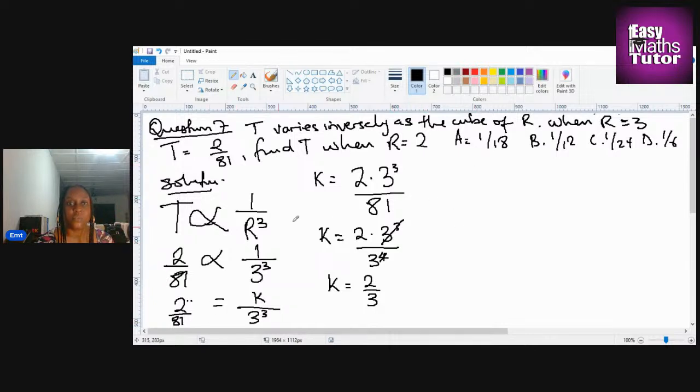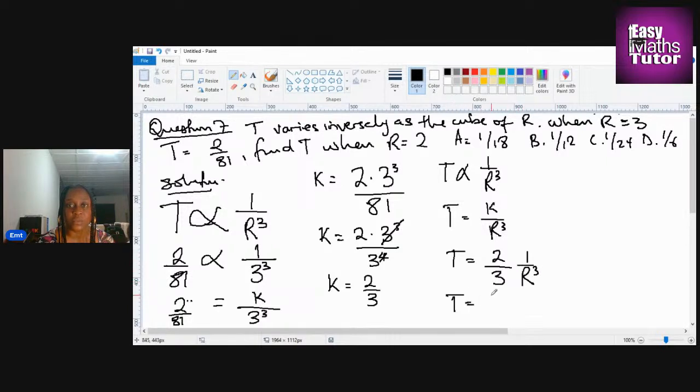So substituting this back into this equation, we will have T. Remember, T is inversely proportional to the cube of R. So T is equal to k over R cubed. Therefore, T is equal to 2 over 3 times 1 over R cubed, which is the same thing as T equal to 2 over 3R cubed.